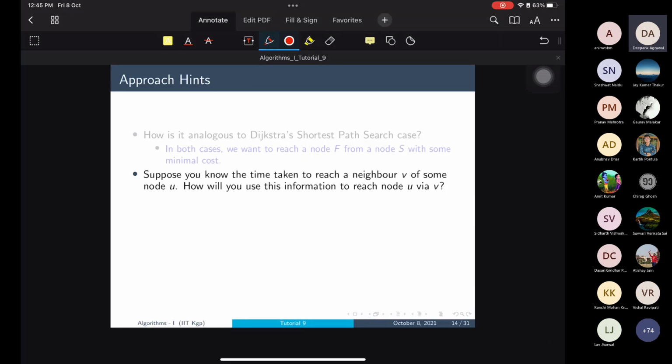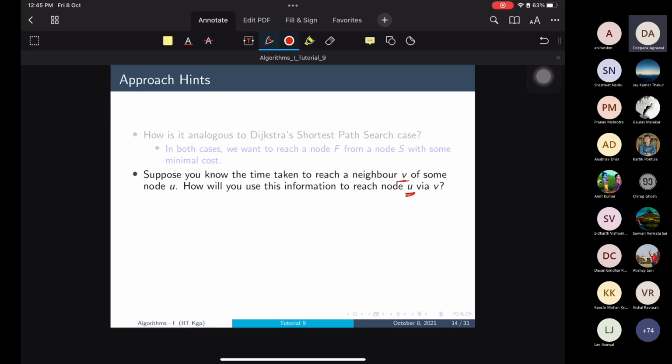Now suppose that V is a neighbor of U, and you already know how much time you are going to take to reach V. Can you use this information to reach node U via V?